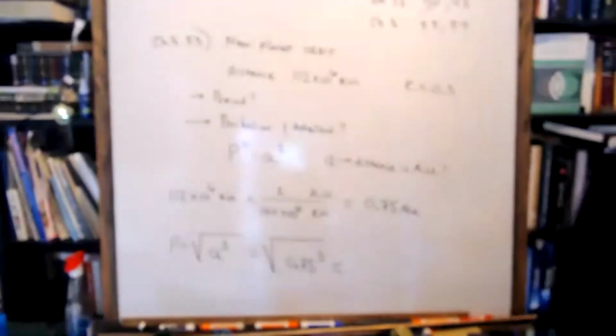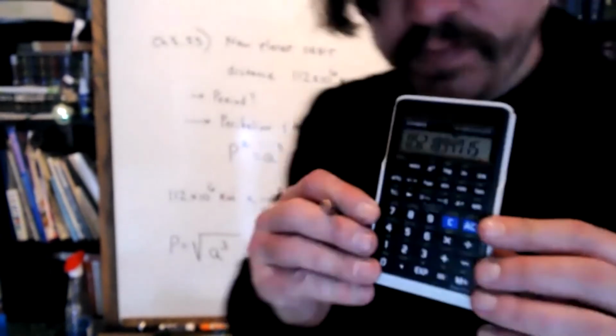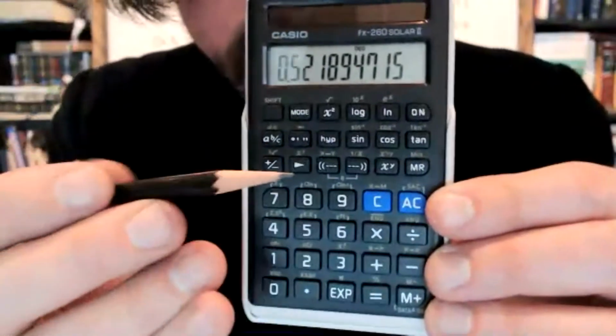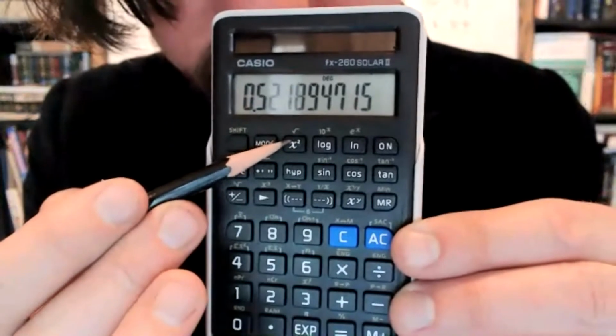I'm going to show you the buttons that we're going to use for this problem, okay? In the upper boxes here, the keys that we're going to want is the square key.